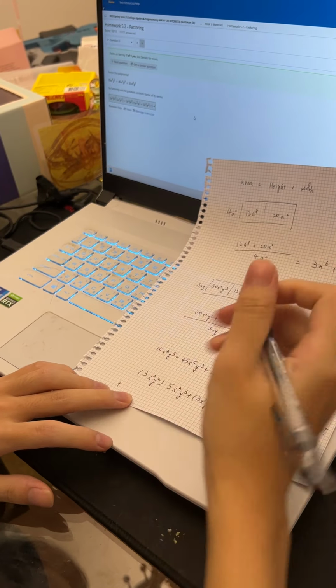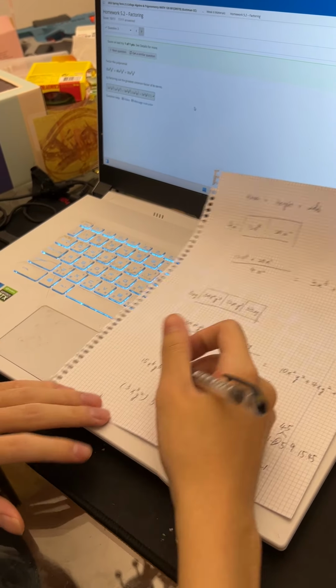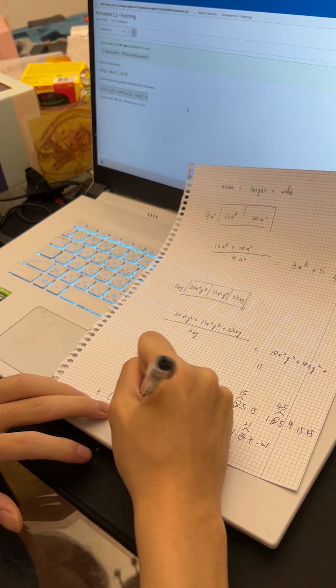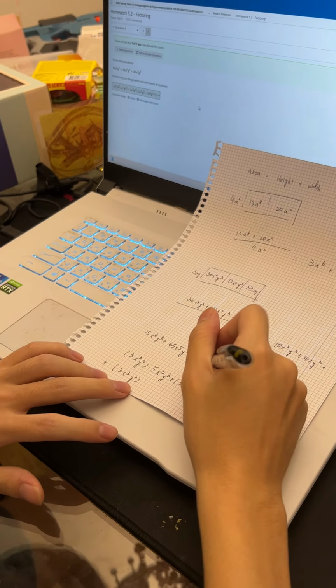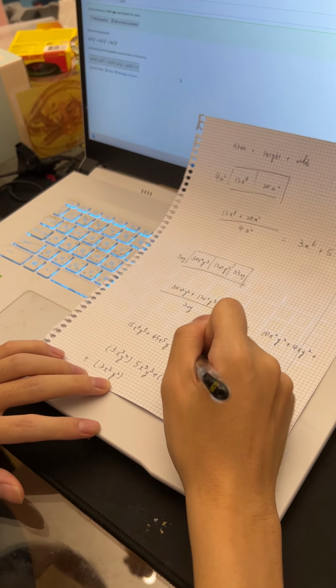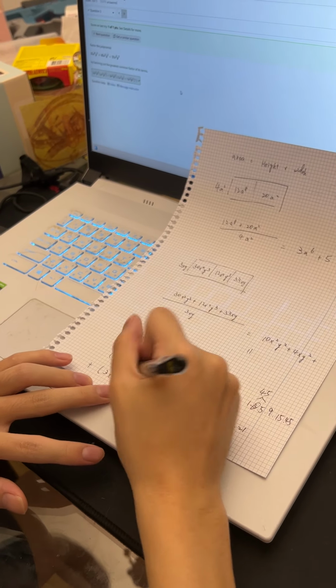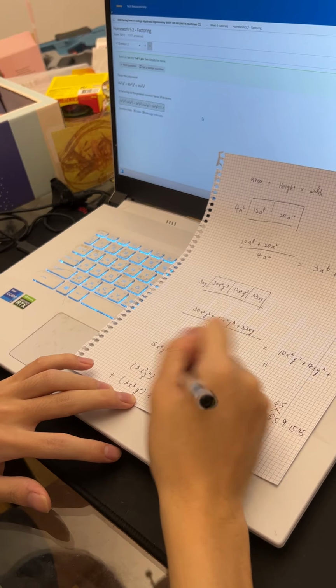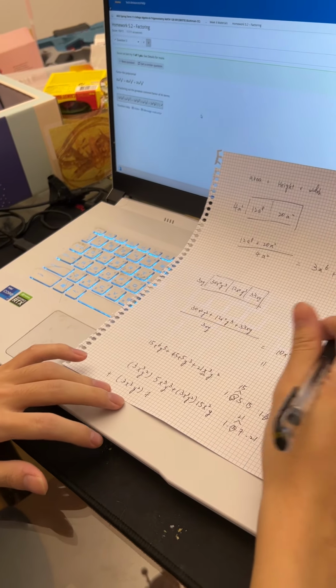And then the last one, still the common factor, 3x to the 3rd, y to the 2nd, and divided from 21x to the 3rd, y to the 2nd will be 7, and x cross out, y cross out, so it will be 7.